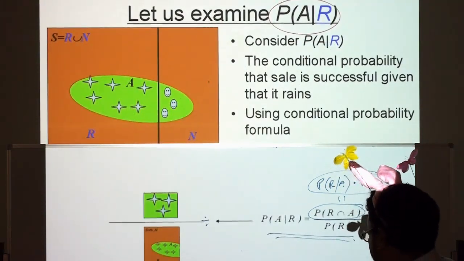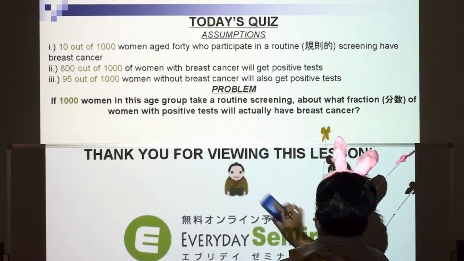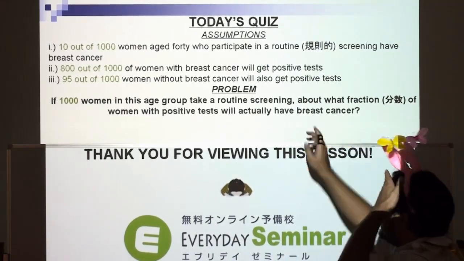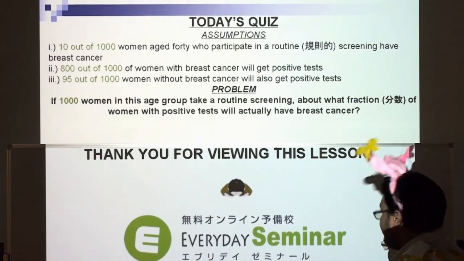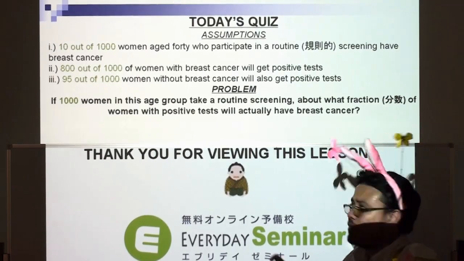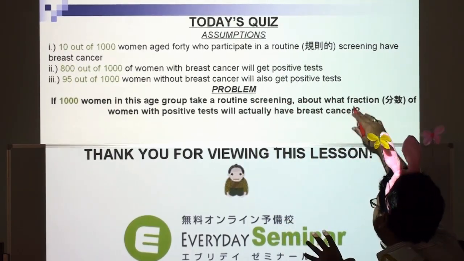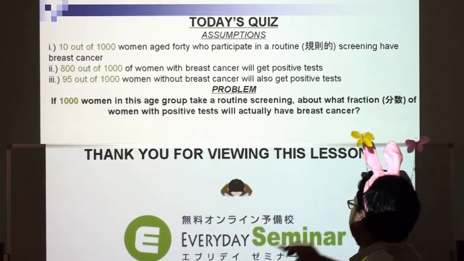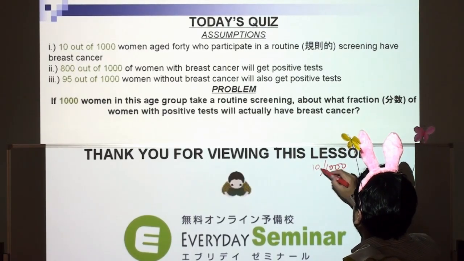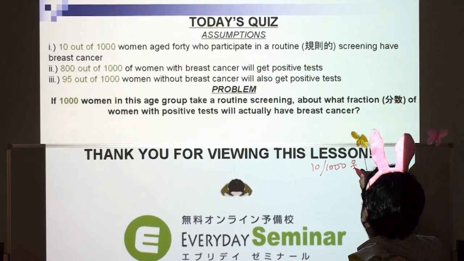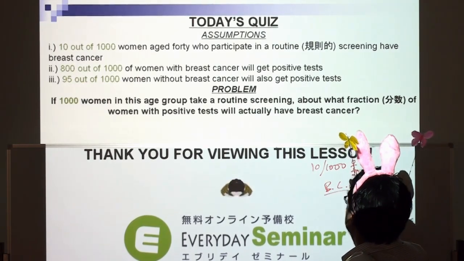Okay, and finally, here's a question. It might be relatively hard, but we'll work on it carefully. 10 out of every 1,000 women aged 40 who participate in a routine screening have breast cancer. So 10 out of every 1,000 women, we'll draw a woman like that, have breast cancer, for example.